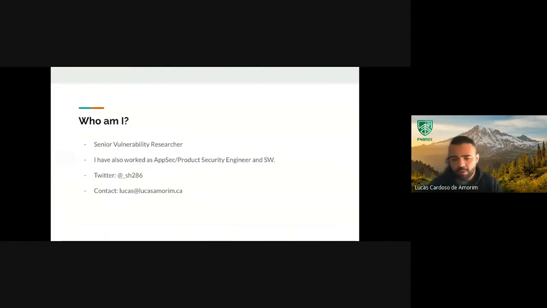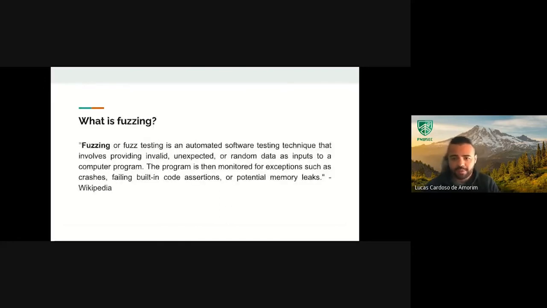Today, I'm going to be talking about finding vulnerabilities in Python applications, more specifically in the native extensions, using fuzzing. So what is fuzzing? Fuzzing is a technique used to find vulnerabilities and misbehavior in software.